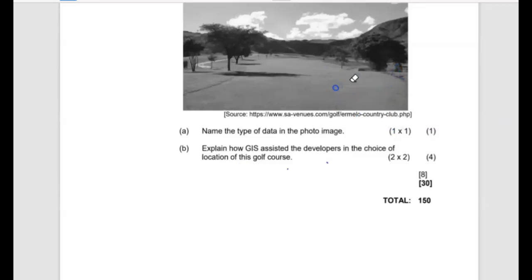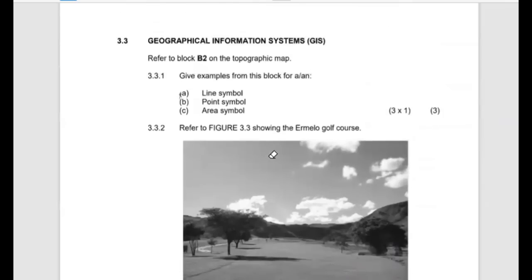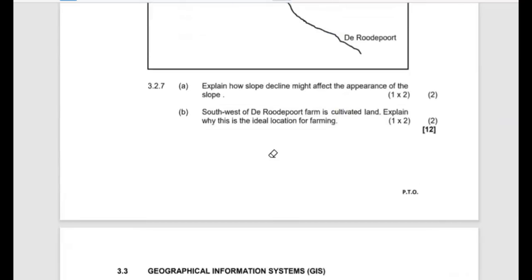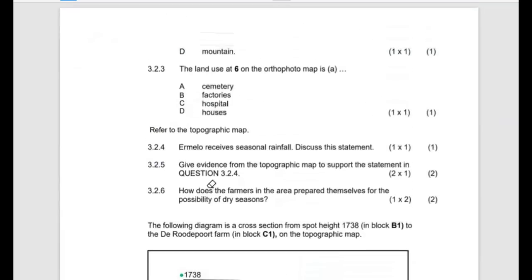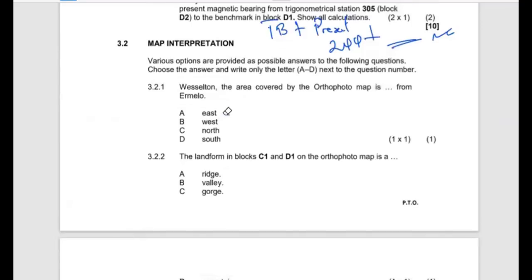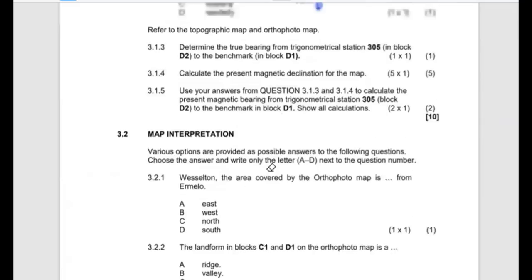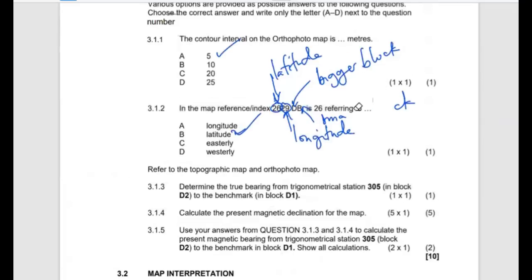Right, I think that last question has taken us to the end of the paper, which was also the end of our discussion. Those are the ideas that you must incorporate when you are answering your questions and attempting your examinations. You must be able to figure out the basic geographical concepts. They will assist you in answering the questions.